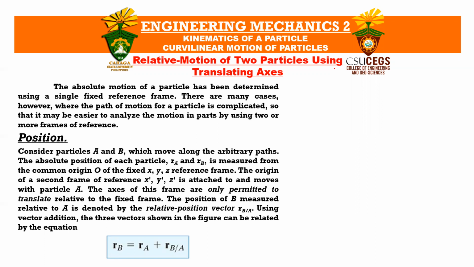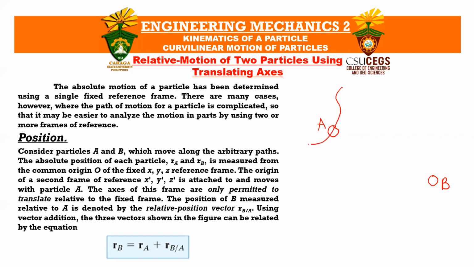So considering two particles, represented by A and B, which move along arbitrary paths. Let's have the first particle, particle A, and the second particle, particle B. These two particles have different paths.